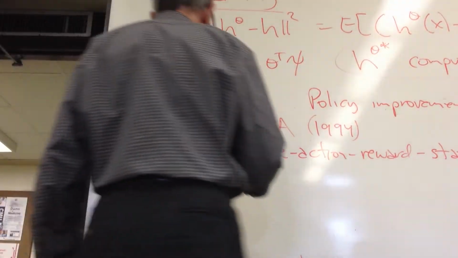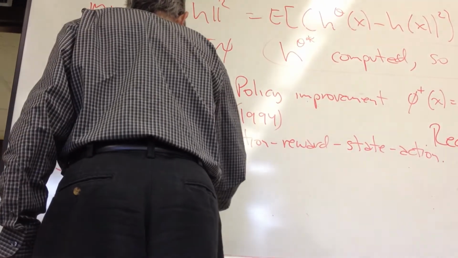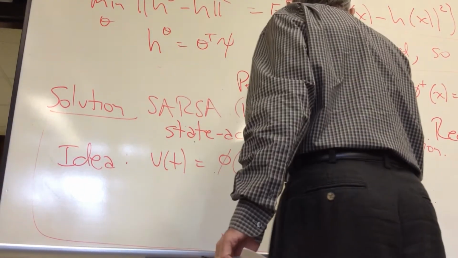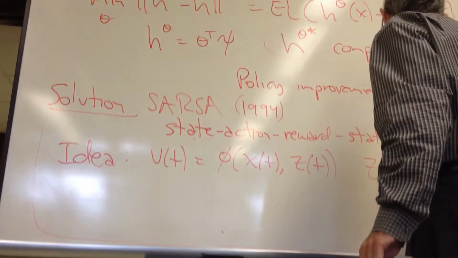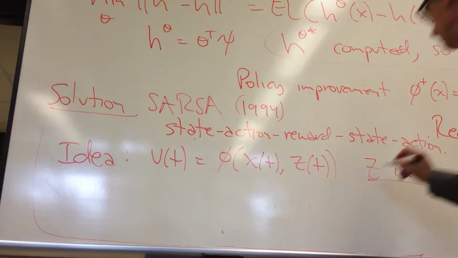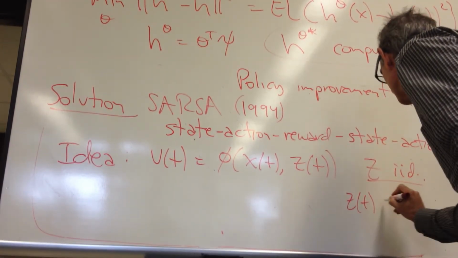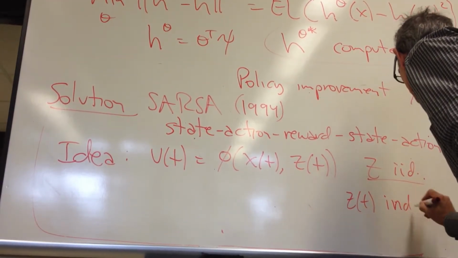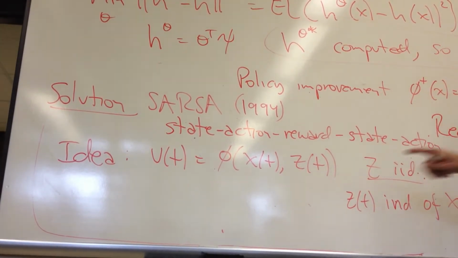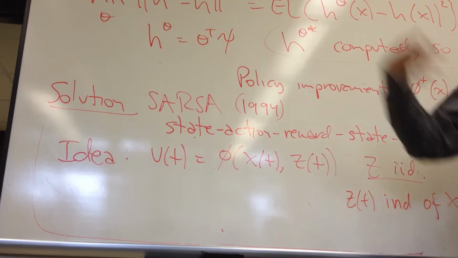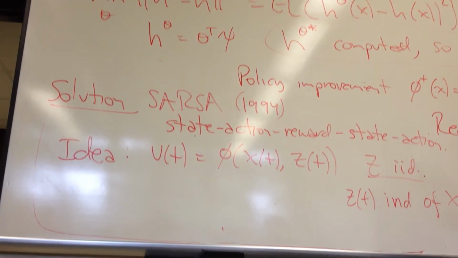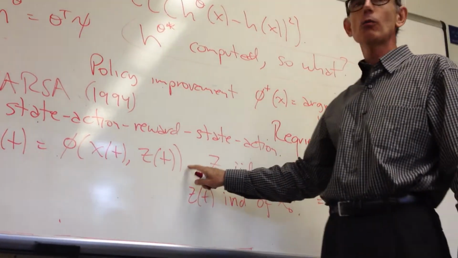So remember that if I take U of t to be phi of x of t, z of t, and remember, I'm looking at randomized stationary policies because I need to explore. This is what I'm going to be doing throughout.